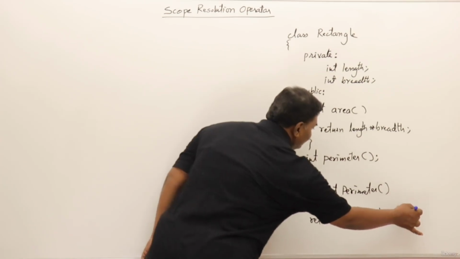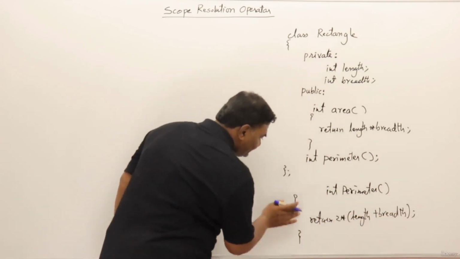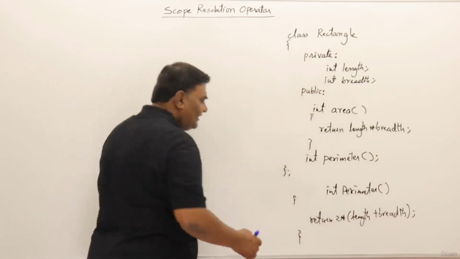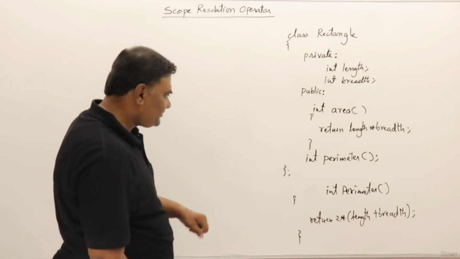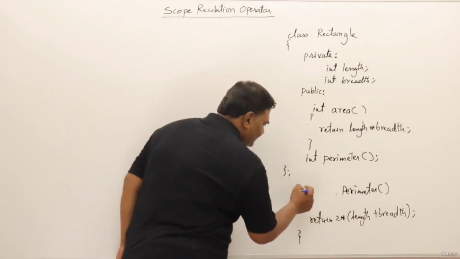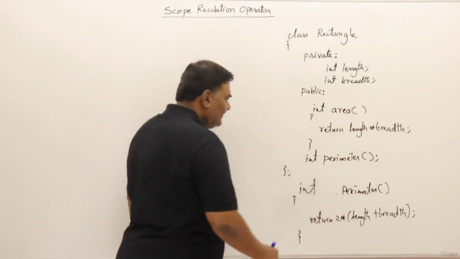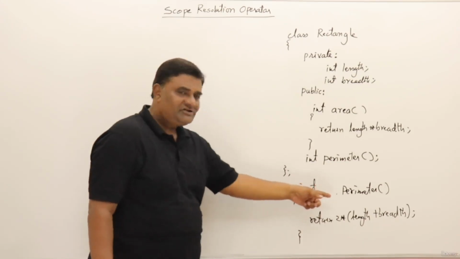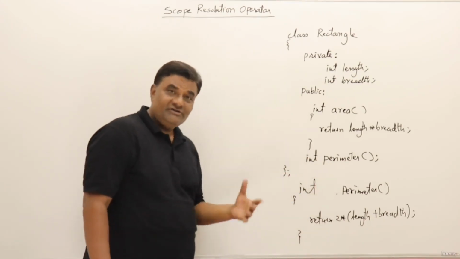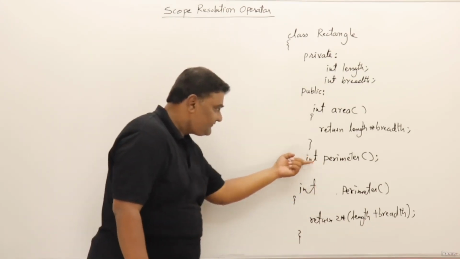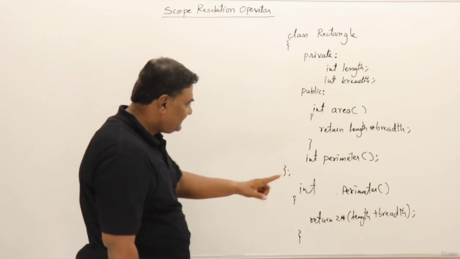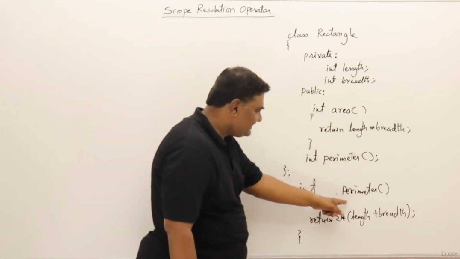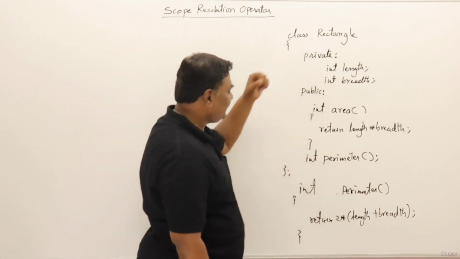This is the logic inside the function. That's all. Now this perimeter function, int I'll write here, integer. Now this looks like a different function which is outside the class. Actually, I wanted to write the body of this function. Then I should say that this perimeter is the same as this one, which belongs to rectangle.